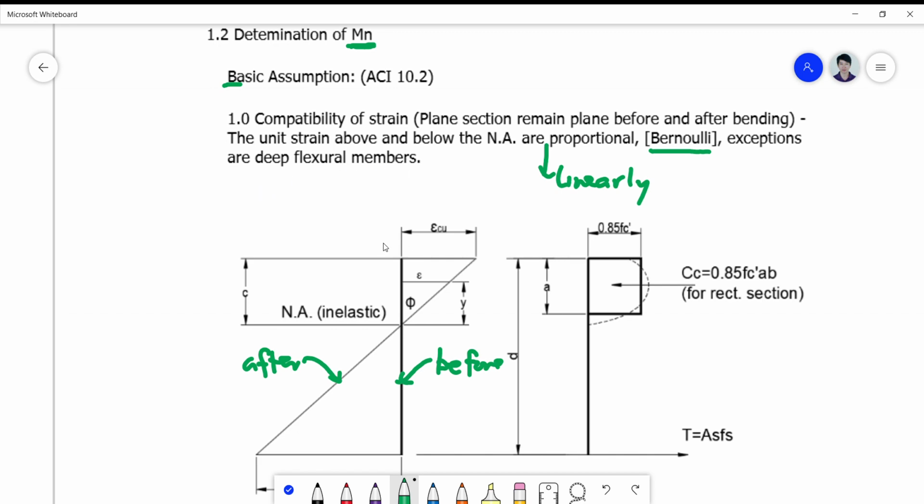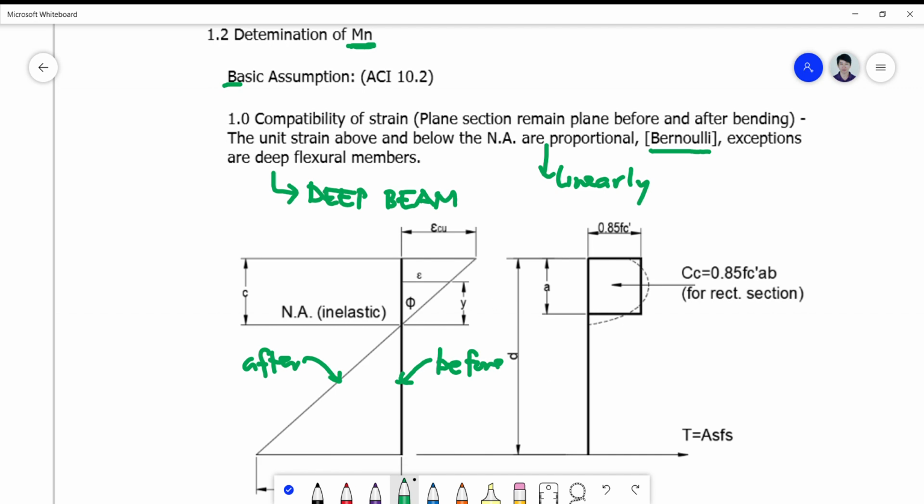When I say deep flexural members, I am talking of the definition of deep beams. For deep beams, the compatibility of strain based on Bernoulli's concept is not fairly accurate, so we cannot apply this to deep beams.